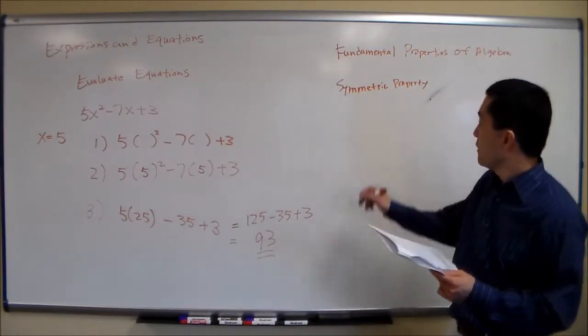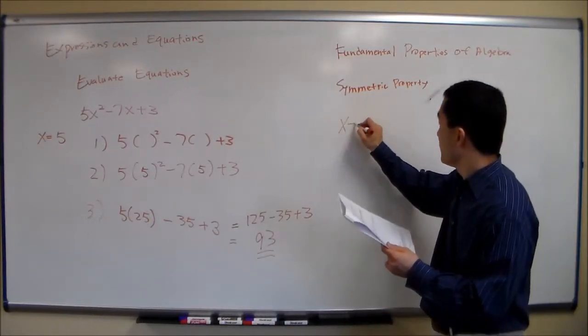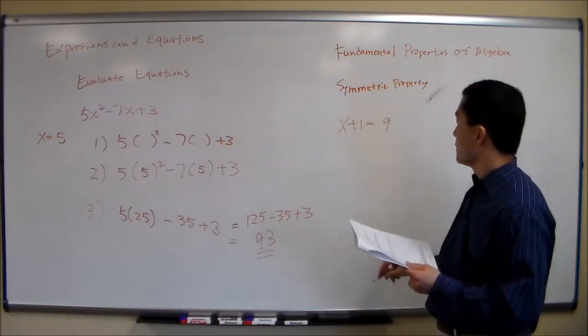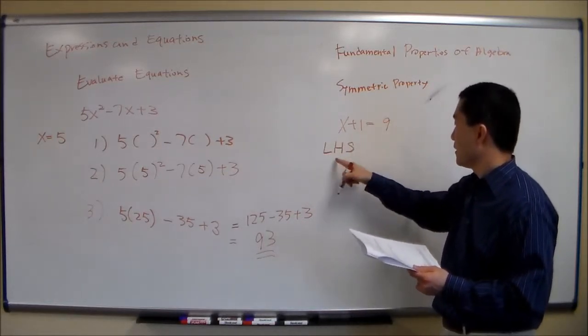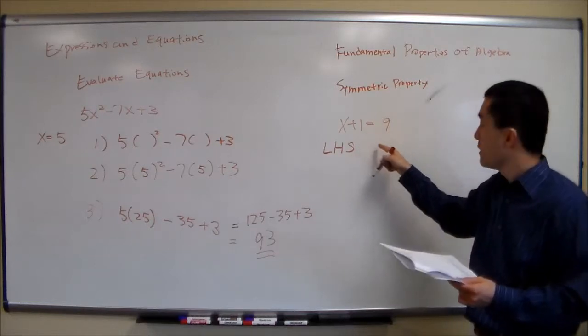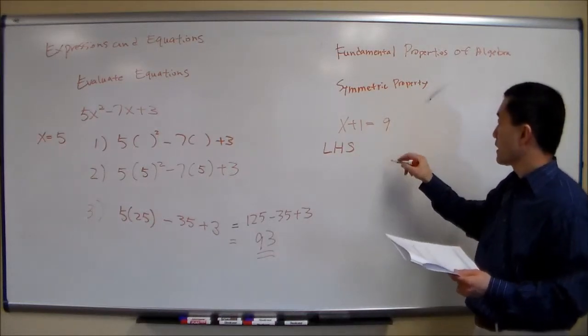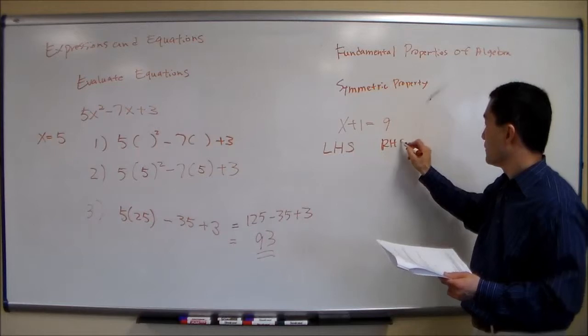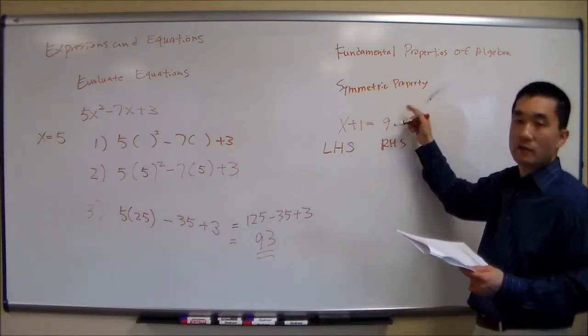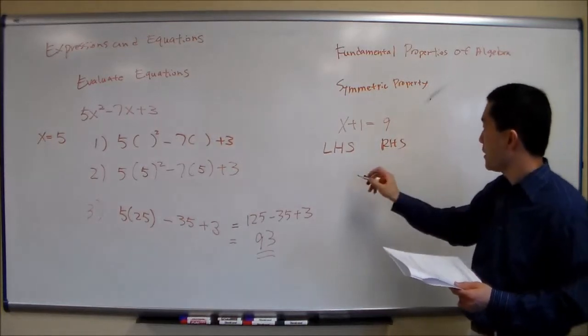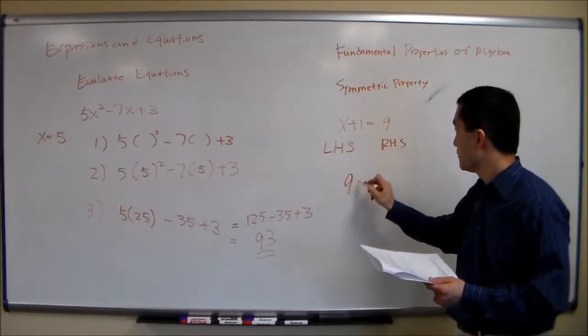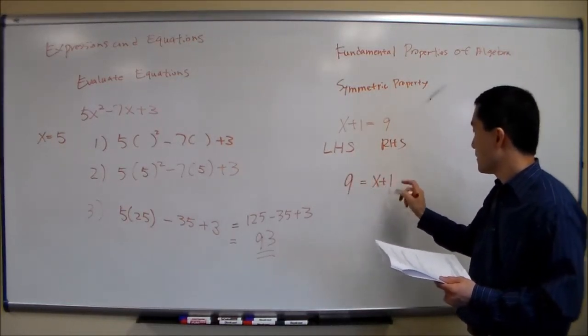That means if you have the equation like this, this is called the left-hand side. It's the left-hand side of the equal sign. This side to the right of the equal sign, that's called the right-hand side. The symmetric property says you can flip them if it's an equation. It doesn't break anything. So in this case, this is equivalent to this.